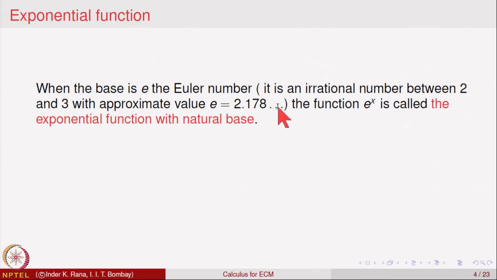In the previous lecture, we had seen how to define e using limits of sequences. This is called the Euler number. So, when this particular base e is taken, then we say that the exponential function has natural base. So, when we say we are considering the exponential function with natural base, that means the value of a is taken as e, which is the Euler number.